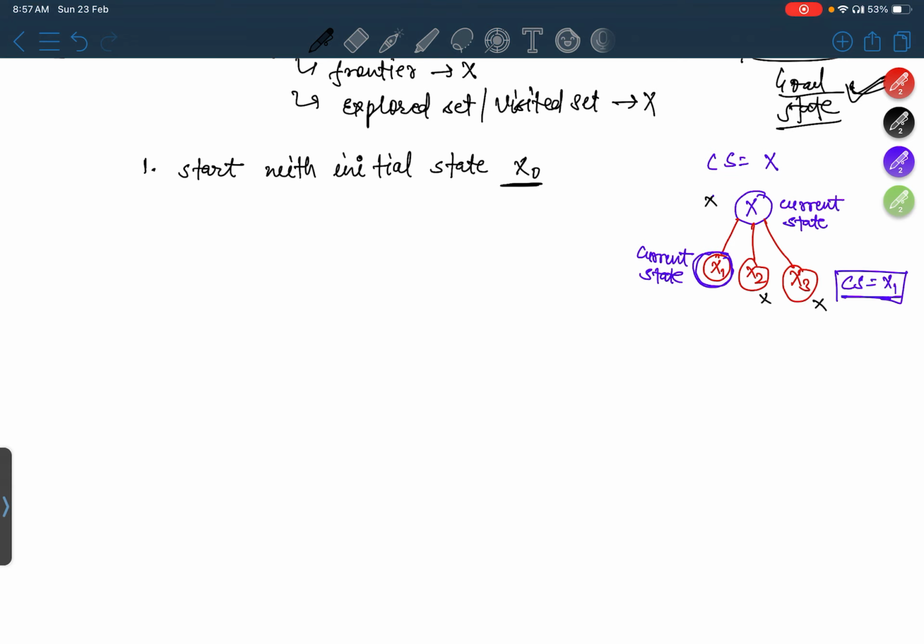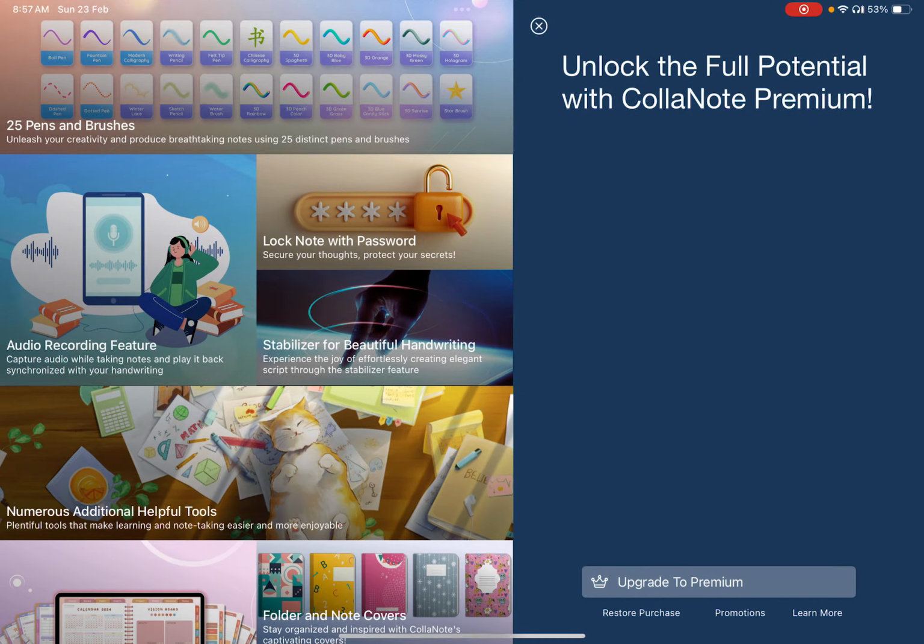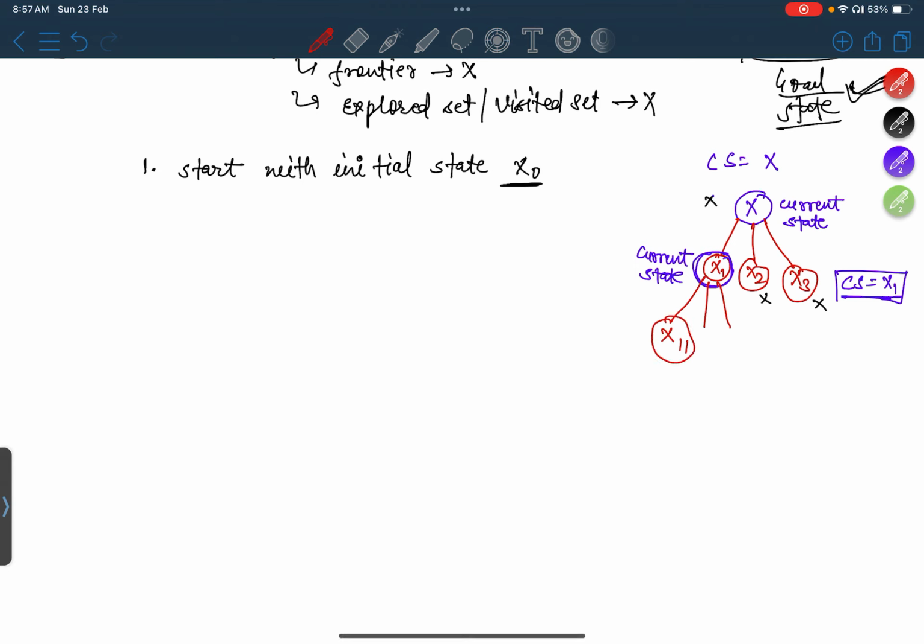Now what happens next? The algorithm will again work in the same manner. It will again generate the successors. Let's suppose x1 had two successors, x11 and x12. Let's work with two successors only. Now again it will select one of these two. For example, it made this selection and that becomes your current state. So the current state will now be x12, and the algorithm will forget about everything else.